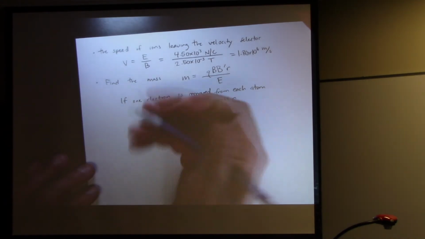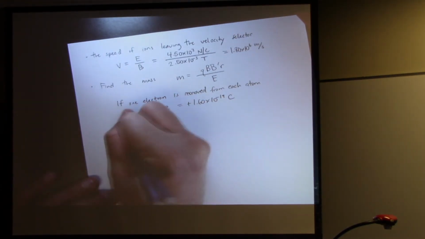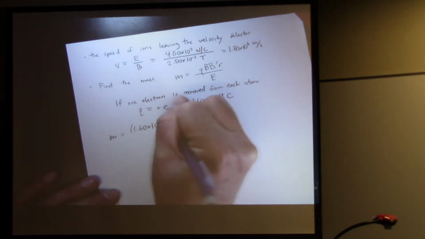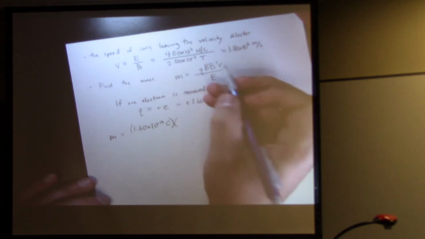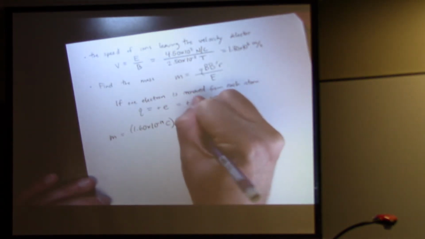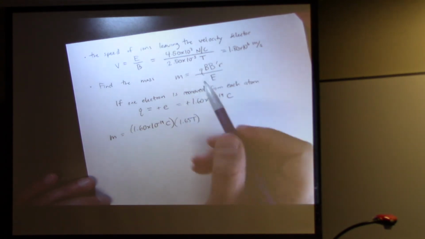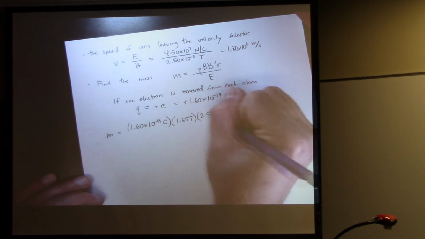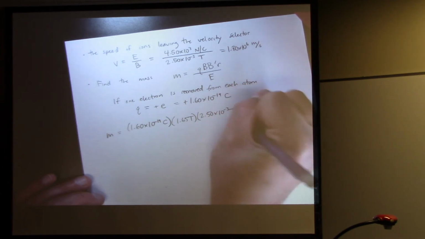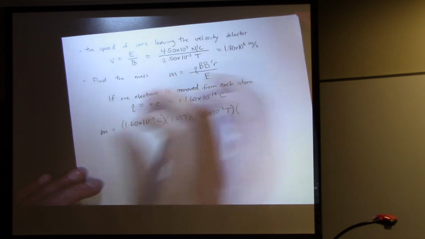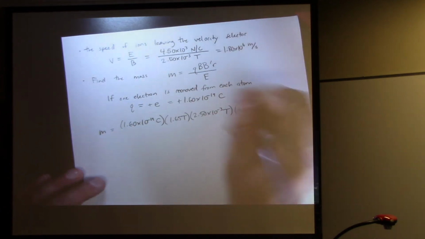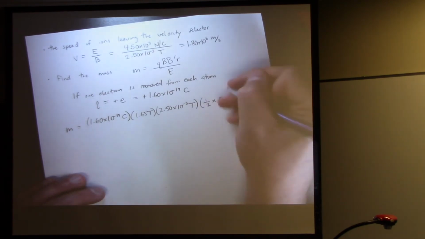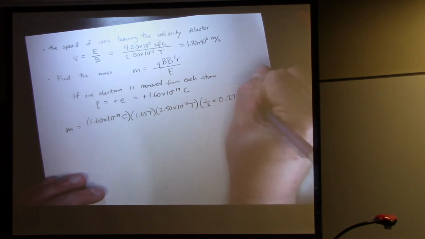So to get the mass, what we're going to have is Q, which is 1.6 × 10^-19 coulombs. Then we're going to have B, which is 1.65 Tesla. That's the one of the magnetic fields. The other one is 2.5 × 10^-3 Tesla. That's B and B prime. Then the radius of the path, well, we're given the diameter, so radius is half the diameter. And that's going to be a half of 0.273 meters.